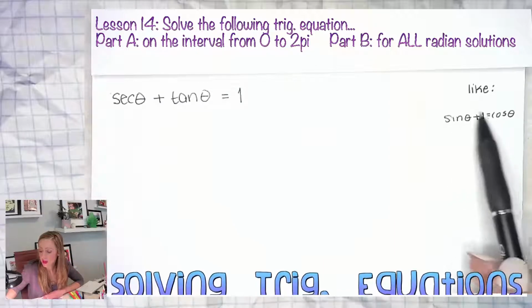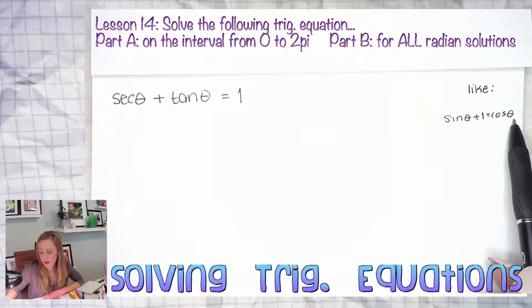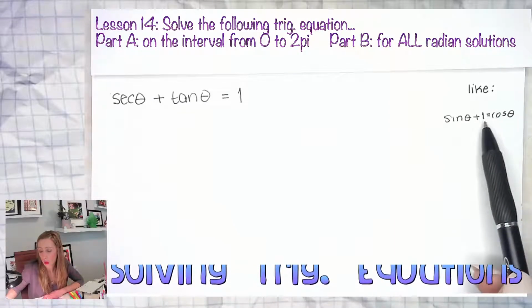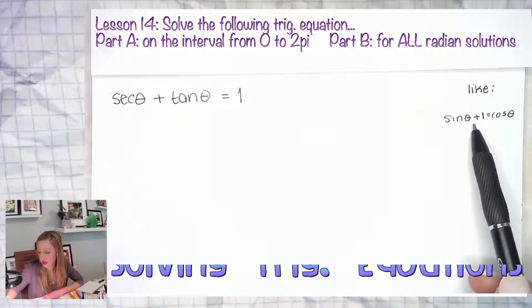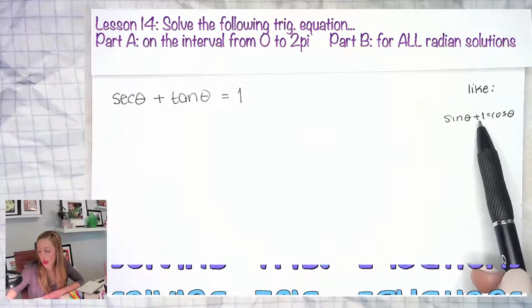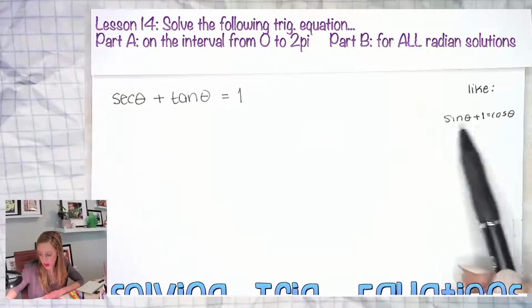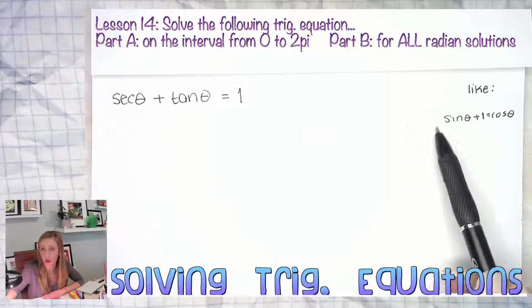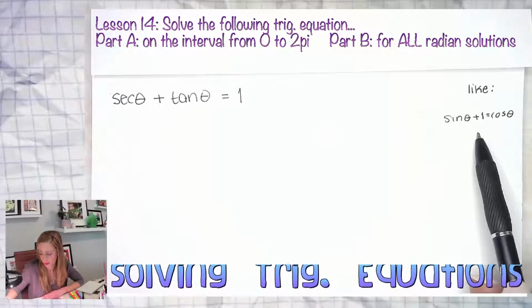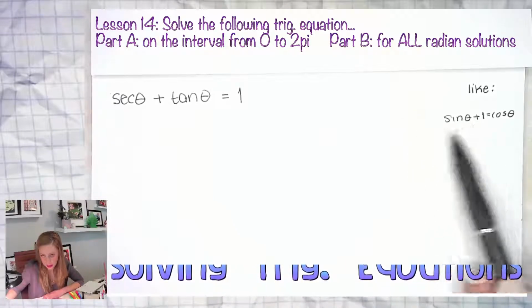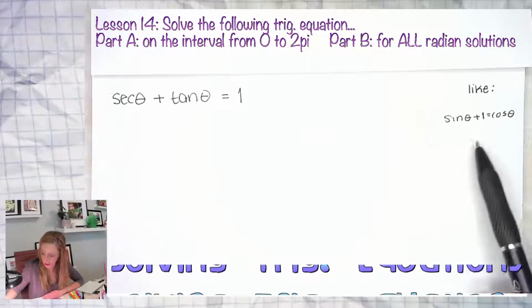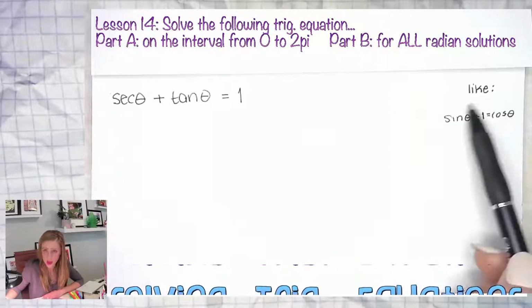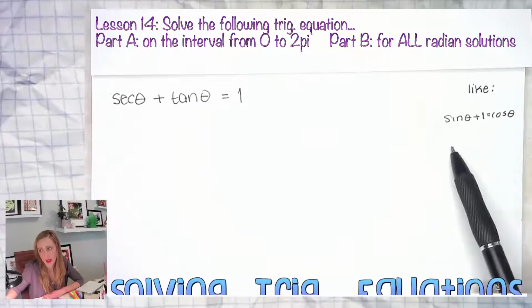So we ended up squaring both sides of this equation. And when we did, we wound up with sine theta plus 1 times another sine theta plus 1, we had to write it twice. We FOILed: first, outer, inner, and last. And then we got sine squared plus 2 sine theta plus 1 equals cosine squared.